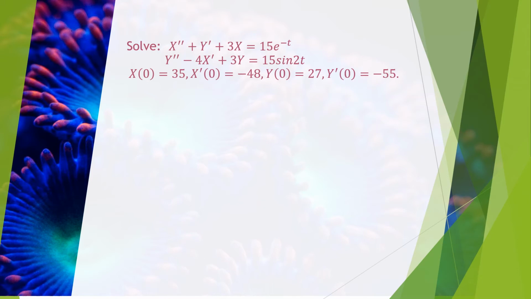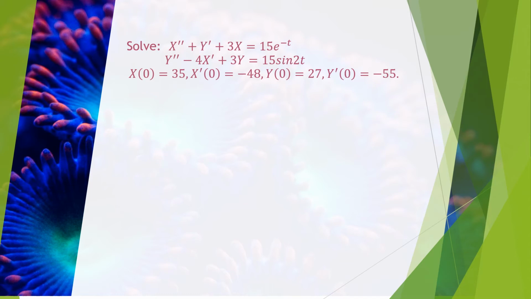Let us take an example here. We have two unknowns, x and y, where both x and y are functions of t. And there are some initial conditions given here. We will be making use of these initial conditions.